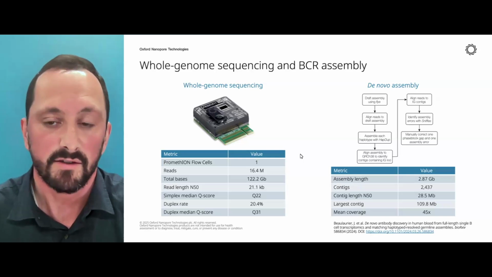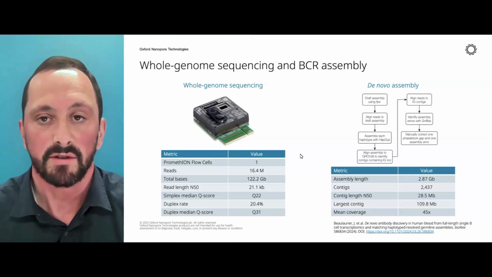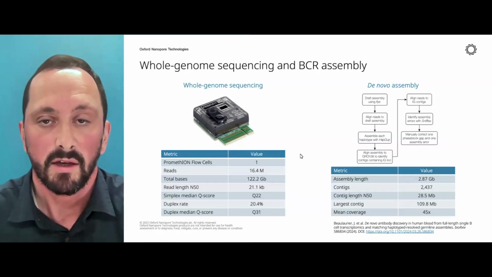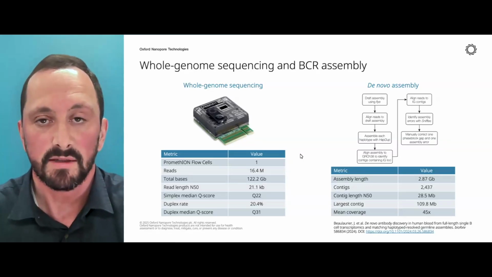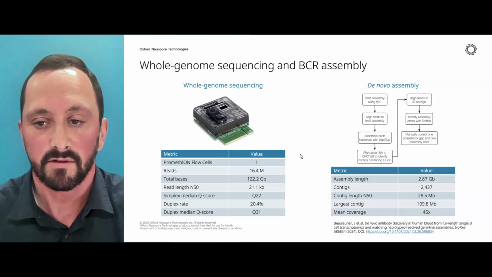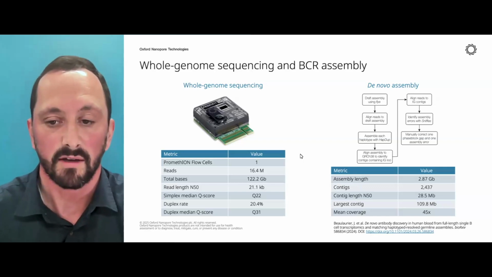And this is using Flye as the assembler. And then we haplotyped with hapdup. And essentially, we do a whole genome assembly, and then we pull out all the immunoglobulin sequences, the BCR sequences, and we can correct the errors using SV callers like Sniffles, correct phase blocks, and get our final assembly.